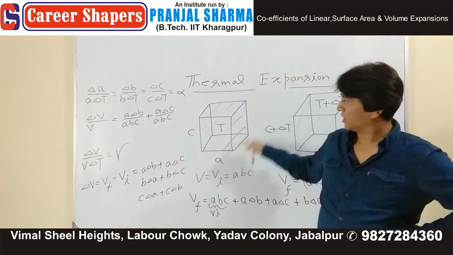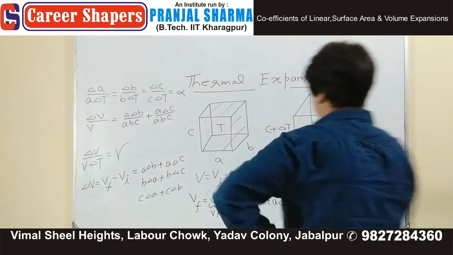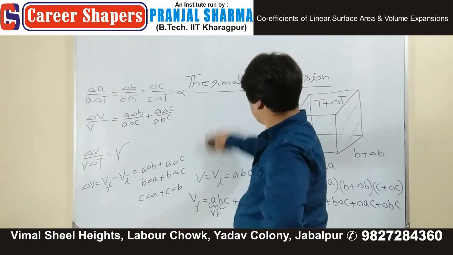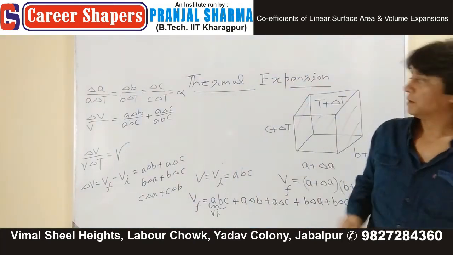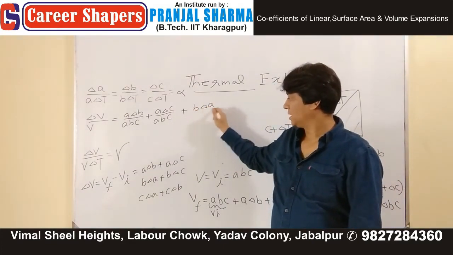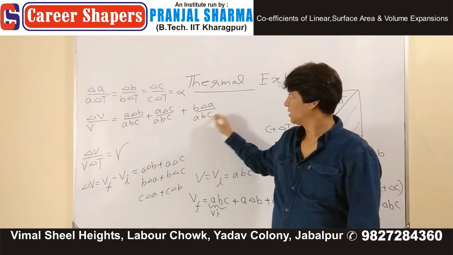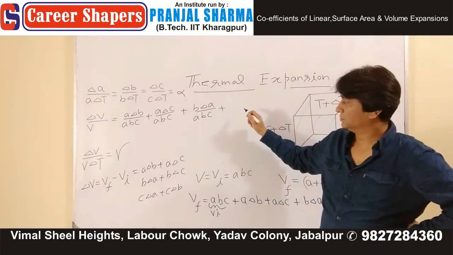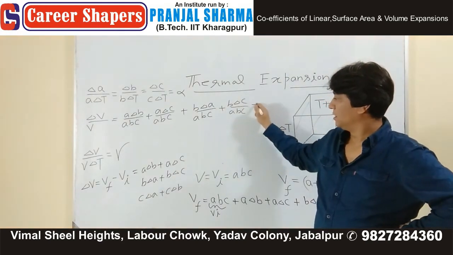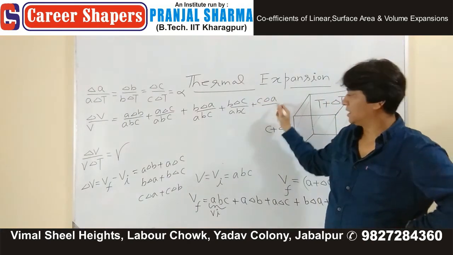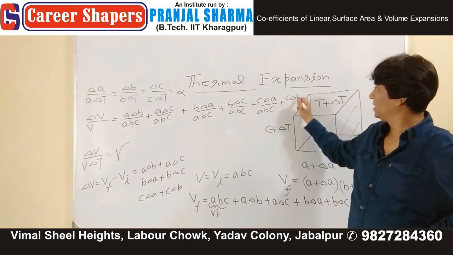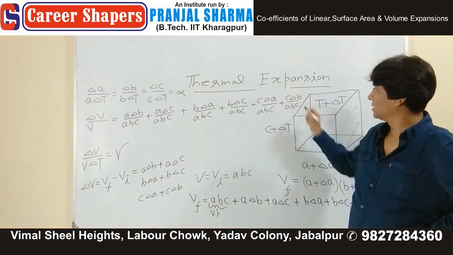I'm removing this figure. Plus B delta A divided by ABC, plus B delta C, and similarly C delta A upon ABC and C delta B upon ABC.